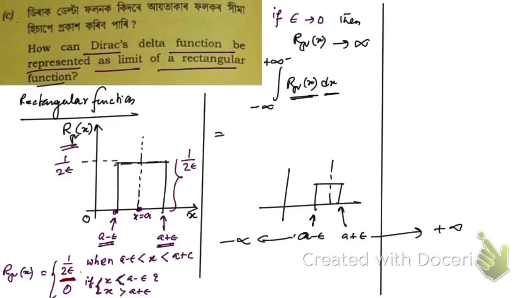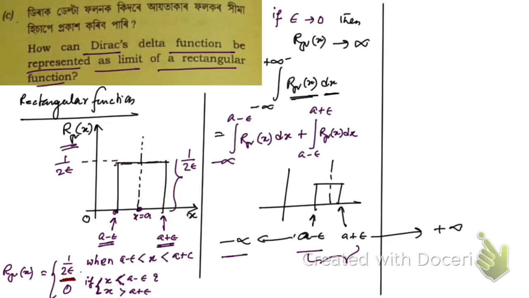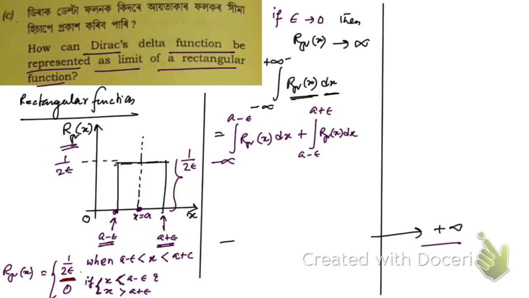We can express it as the sum of three integrals: one from minus infinity to a minus epsilon of r sigma of x dx, then another one from a minus epsilon to a plus epsilon of r sigma of x dx, and the third part from a plus epsilon to plus infinity of r sigma of x dx.